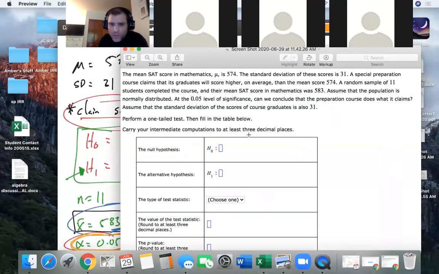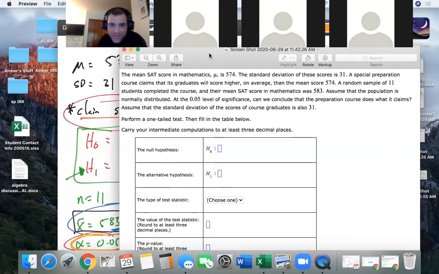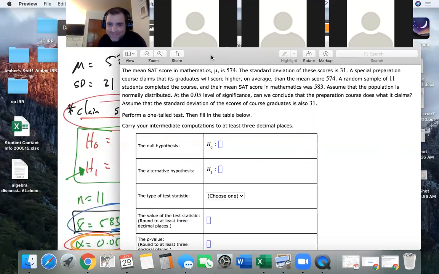And so now, if you look at the rest of this problem, we filled out the null hypothesis, we filled out the alternative hypothesis, the type of test statistic, there's a bunch of weird stuff in here. We only do z-tests, so this answer is always going to be z. If we went further in the class, we'd look at some of the other ones, but we only ever do z-tests. So if you see that on the exam, you know what the answer to that one is. At least you get 1 out of the 6 automatically right.